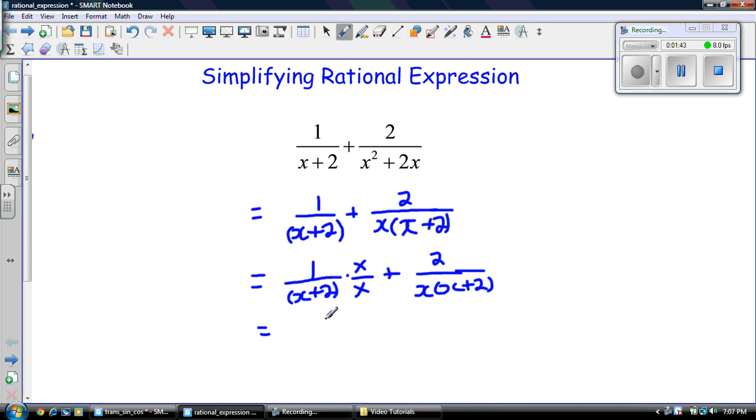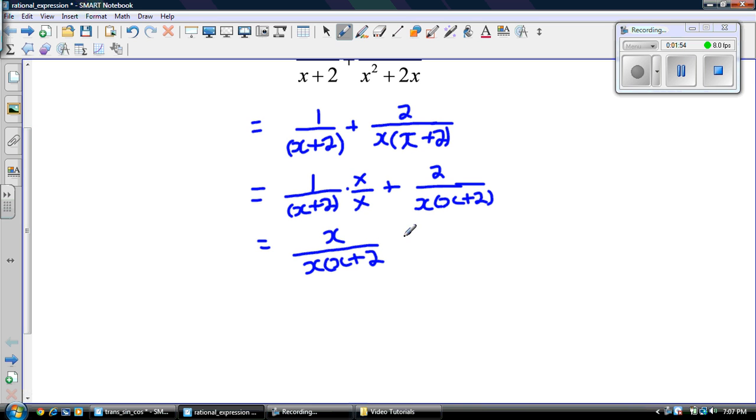So I have x over x plus 2, plus, this stays the same, 2 over x plus 2. Now what I have to do is bring these together over one denominator. On the top, I add my numerators, x plus 2, all over x plus 2.